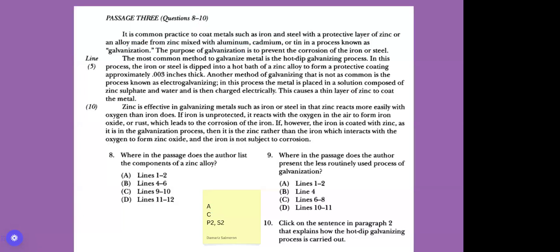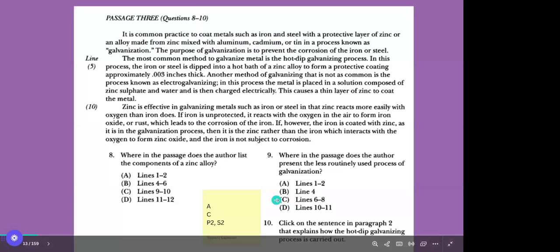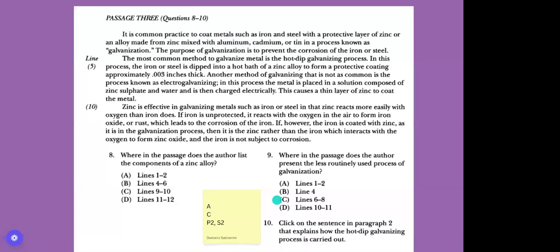Number 9, where in the passage does the author present the less routinely process of galvanization? And the correct answer is letter C, 6 to 8. So we have it here. Look, and we have a keyword here.